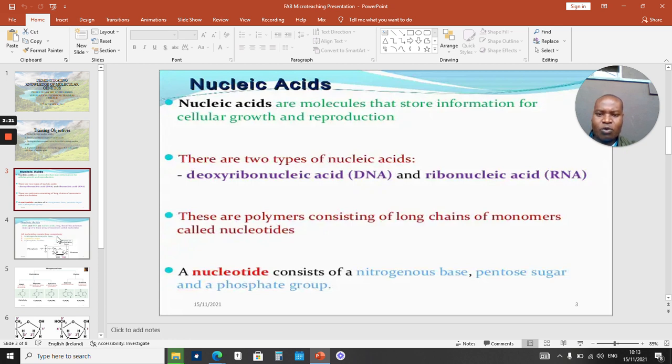And we have 2 kinds of nucleic acids. There are 2 types of nucleic acids. The first nucleic acid there you can see is deoxyribonucleic acid, which is usually abbreviated as DNA, and ribonucleic acid, which is usually abbreviated as RNA. Good. So we have these 2 types. These are the only types of nucleic acids that we have.